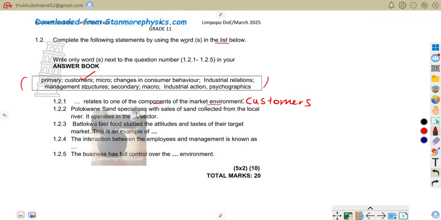Polokwane Sand specializes, that is 1.22. Polokwane Sand specializes in sales of sand collected from the local river. It operates in the dash sector. So here we are talking about the economic sectors. Under economic sectors, we have the primary sector, the secondary sector, and the tertiary sector.